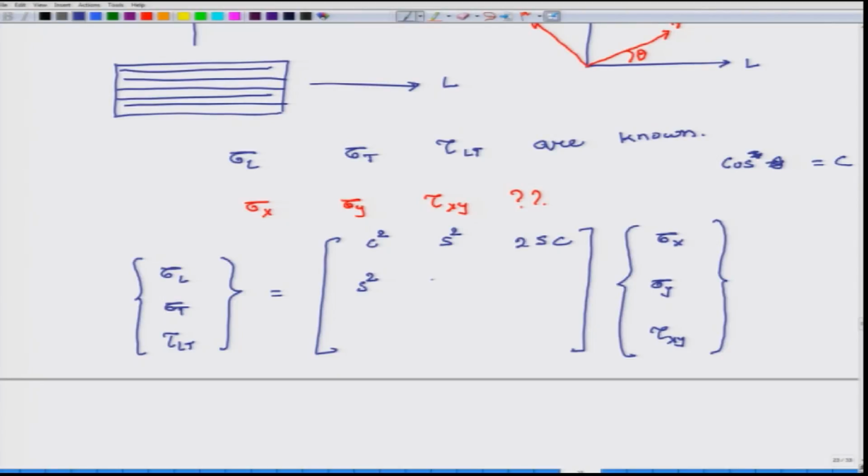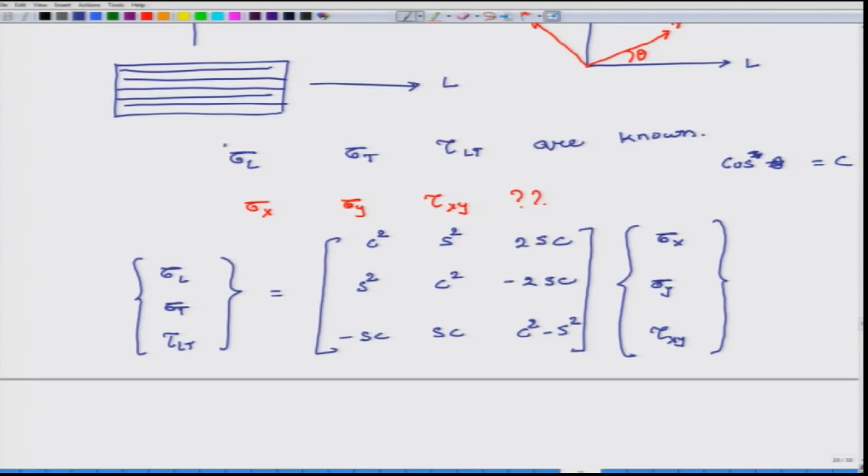Then second row: sine square theta, cosine square theta and minus 2 sine theta cosine theta, and then the last row is minus sine theta cosine theta, sine theta cosine theta and cosine square theta minus sine square theta.